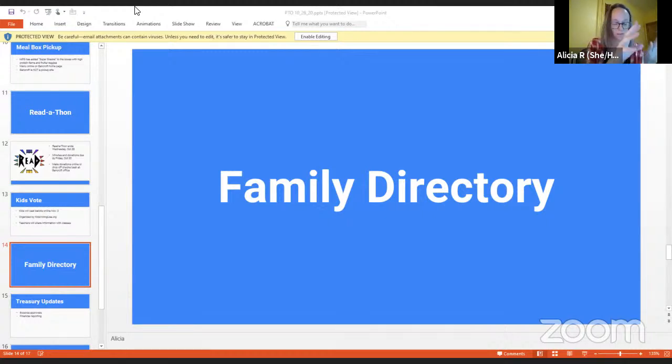It creates a Word document directory, and then I upload that onto the shared PTO Google folder, and I give the families who've added themselves access, and then I send them a hard copy update. I attach it as a BCC, and I also let them know this is the link they have to access it. So I think it's fairly secure, and only those families have access to it.